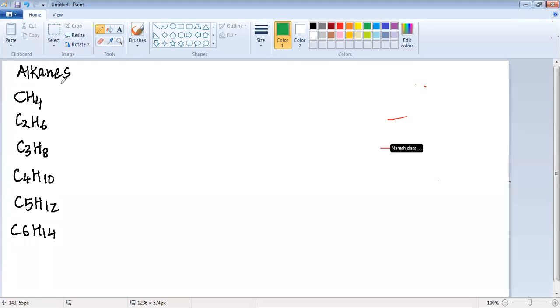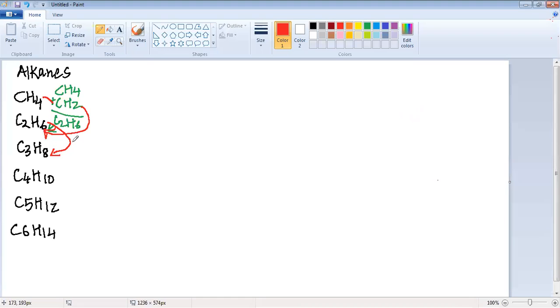If you take CH4 and if you add a CH2 to it, what happens? 4 plus 2, 6. C1 and C1, it becomes C2. You can see that you get C2H6. So if you take any of them and add CH2, you will get the next compound.